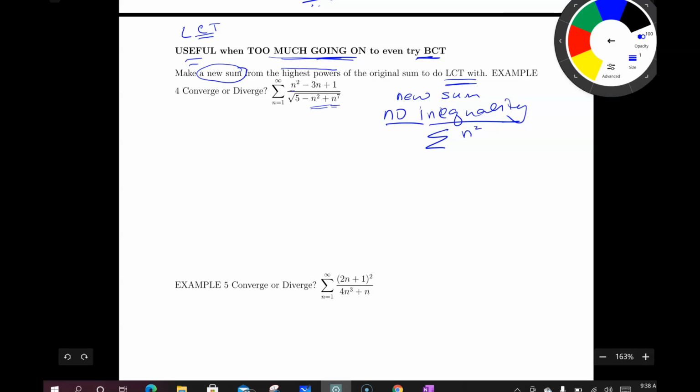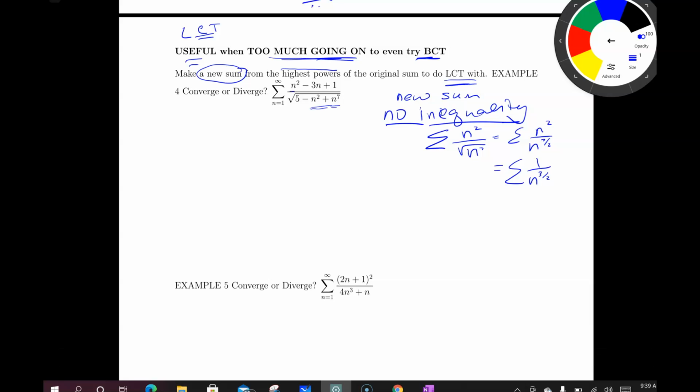From the highest powers in the denominator, I get root n to the 7th. So this sum is n squared over n to the 7 halves. So I'm going to get n to the 3 halves, canceling my n squared and n to the 7 halves.